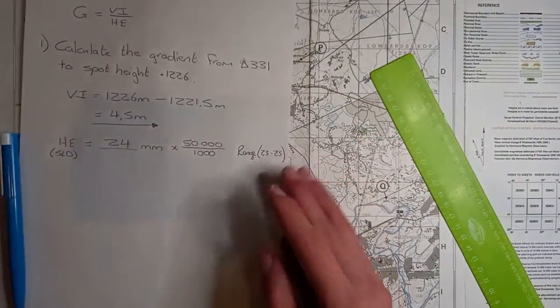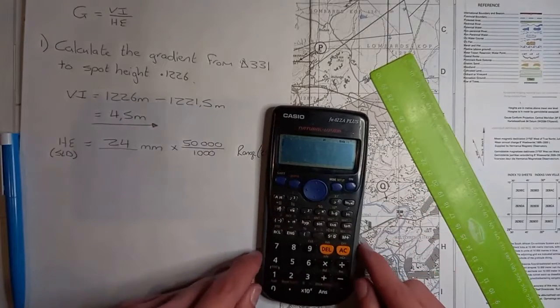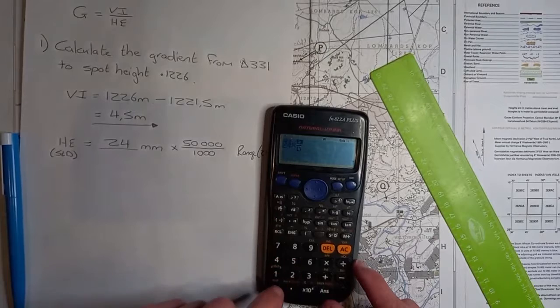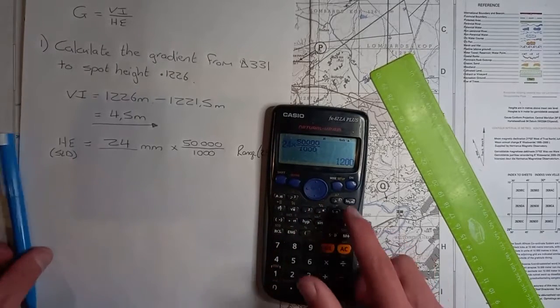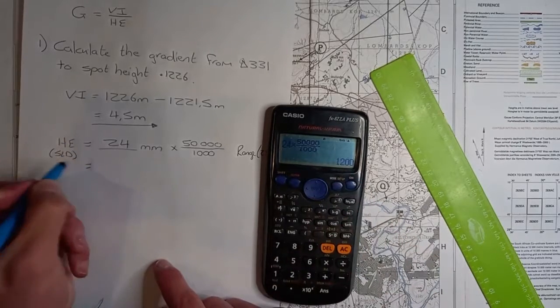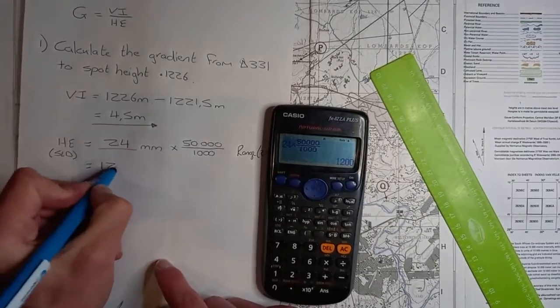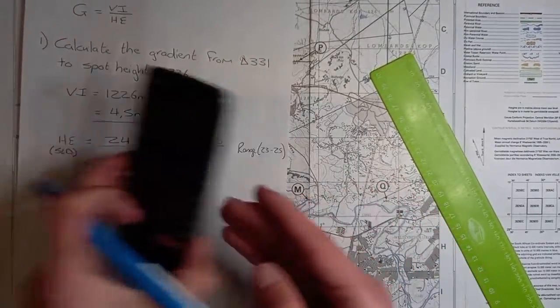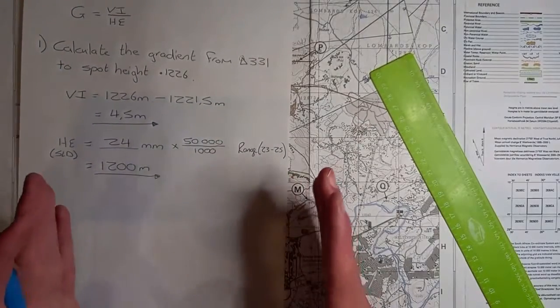So what we are going to do is simply put that in your calculator. We put 24 times, in brackets, 50,000 divided by 1,000, and we get 1,200. So that is equal to 1,200 meters. Okay, so I'm going to move that out of the way for now.